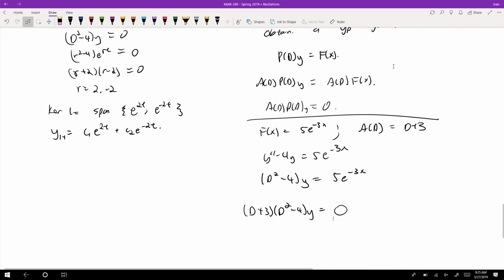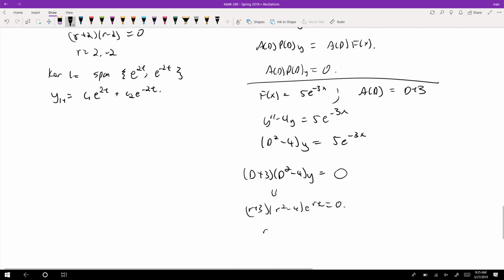Okay, so now this is just the homogeneous diffeq, and homogeneous differential equations are really easy to solve because we just look at the roots and throw them in a linear combination. So now if we solve this, this is r plus 3, r squared minus 4, e to the rt is equal to 0. And so you get r is equal to negative 3, negative 2, and 2. So what's your homogeneous solution?